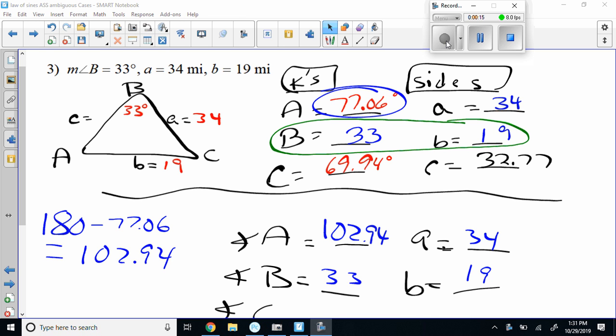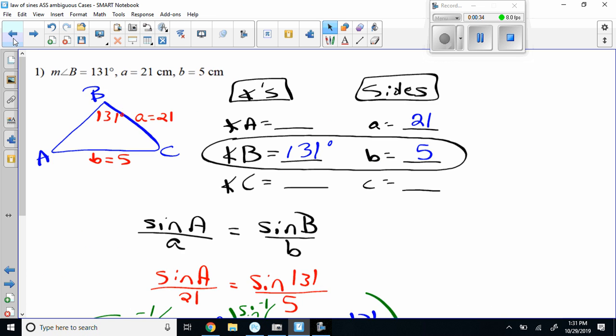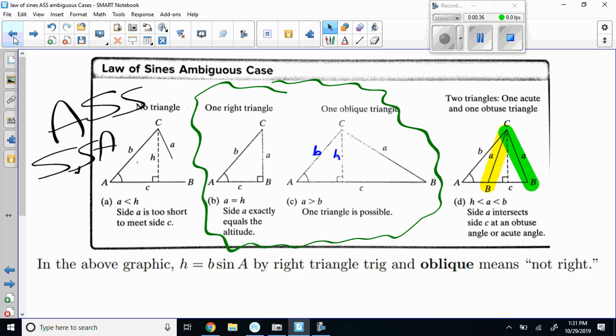Yesterday, we started the law of sines, the ambiguous cases. We discussed the three cases, right? And the three cases are this. They are no triangle, one triangle.